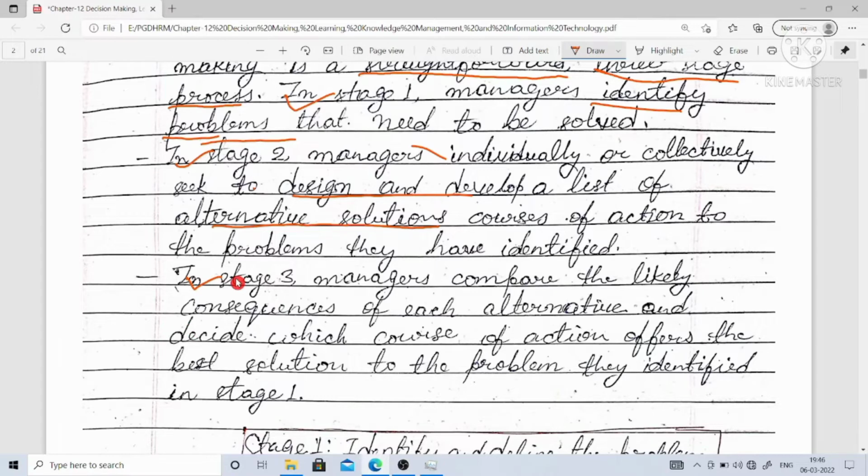In the third stage, we compare the consequences of the different alternatives.